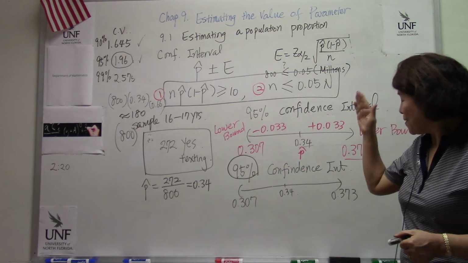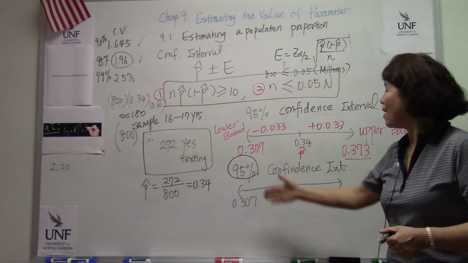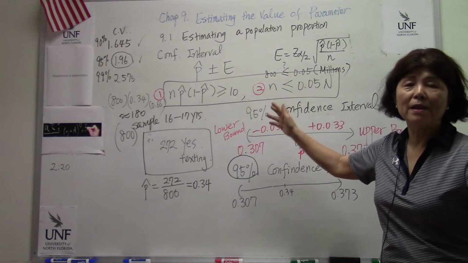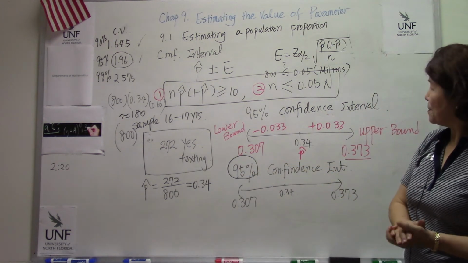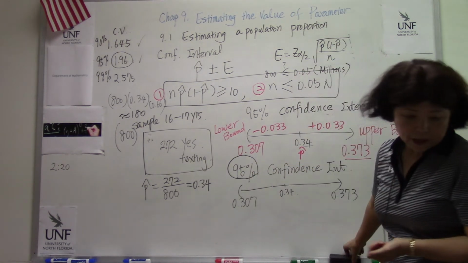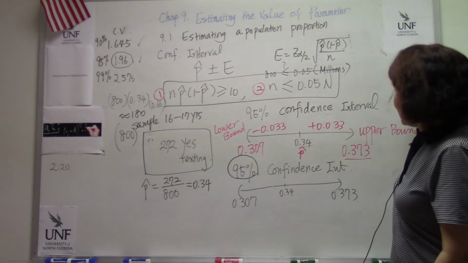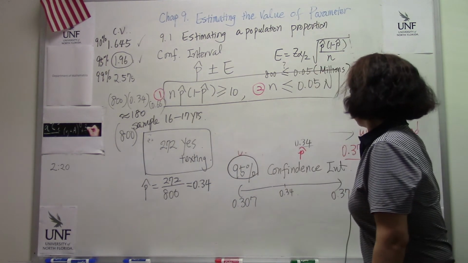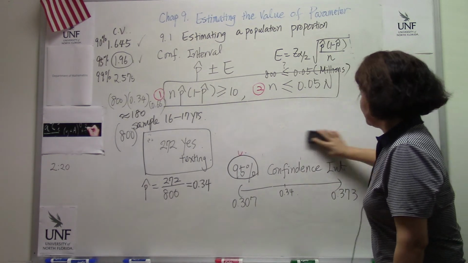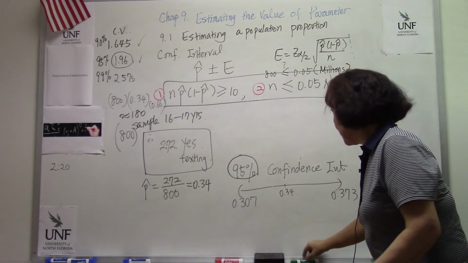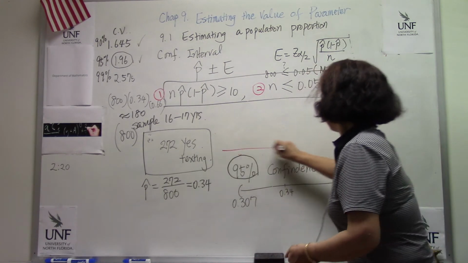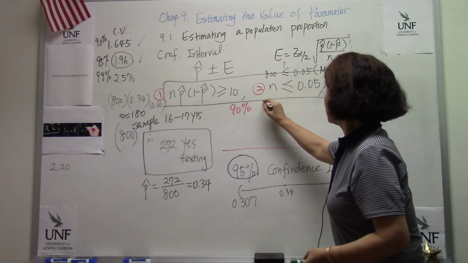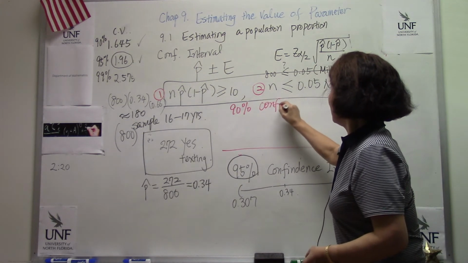The trickiest part is understanding the confidence level. How do you understand 95%? Let's change this confidence level to 90%. How is that going to change things? I'm not going to erase this part. I'm going to compare it to the 90% confidence interval.